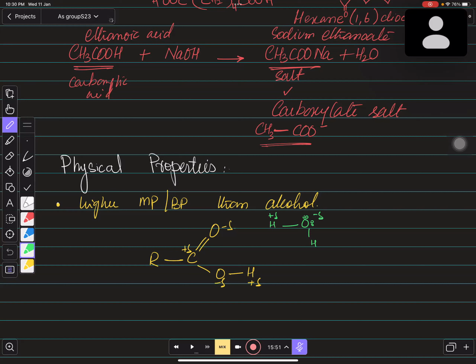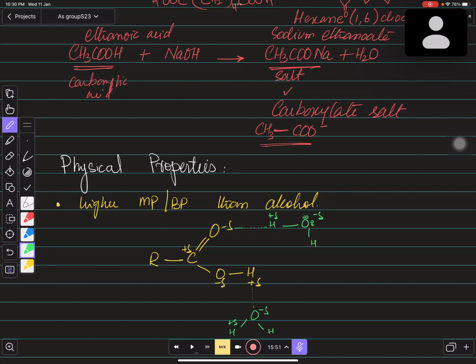So the oxygen of the carboxylic acid is going to make hydrogen bonding with the hydrogen of the water molecule. And in the water molecule, oxygen is partial negative and hydrogen is partial positive. So the hydrogen of the carboxylic acid is also going to make hydrogen bonding with the oxygen of the water molecule.